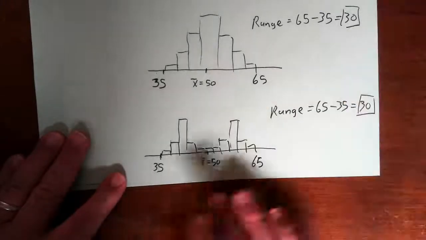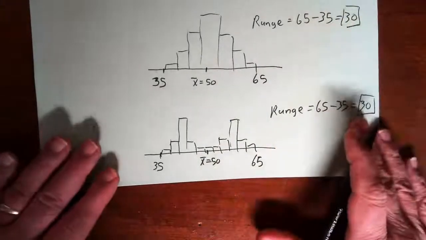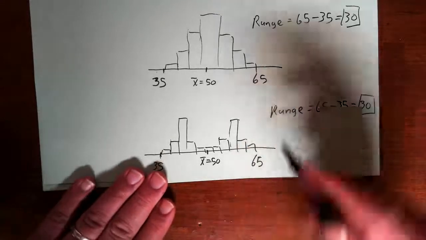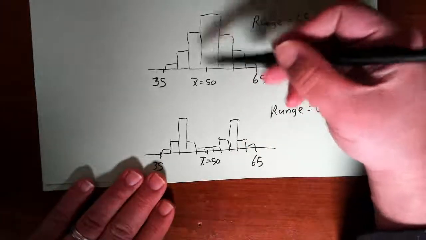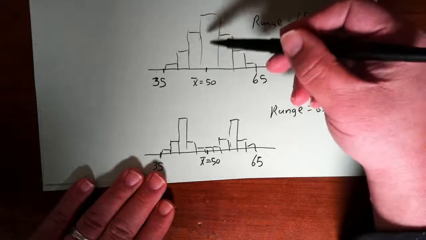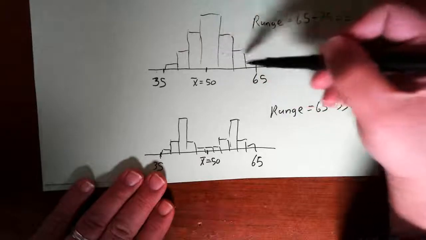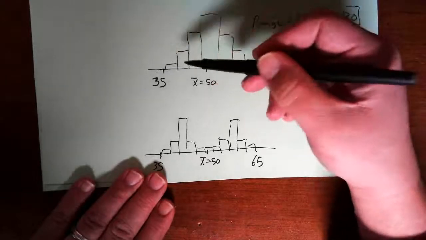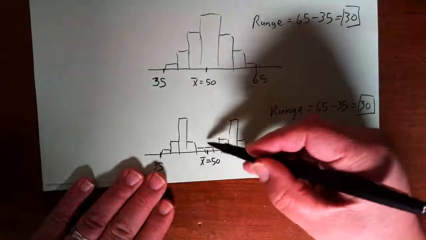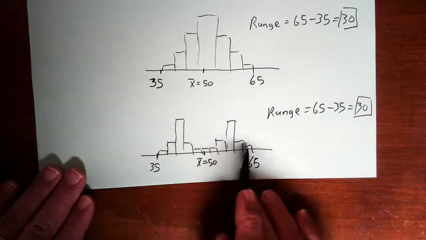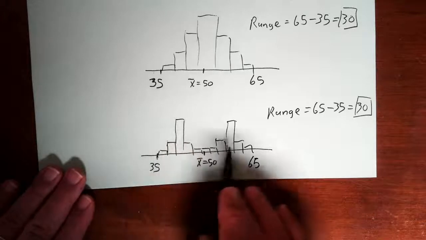So it has the same mean, same range, but yet this is a very different data set. And in particular, this data set kind of has all the data here in the middle, close to the mean, and then as you get more spread out, there's less and less data. Okay, while this one, there's barely any data close to the mean. All the values are spread out to the end, into the edges of the data set.